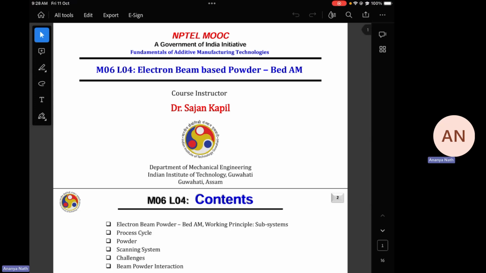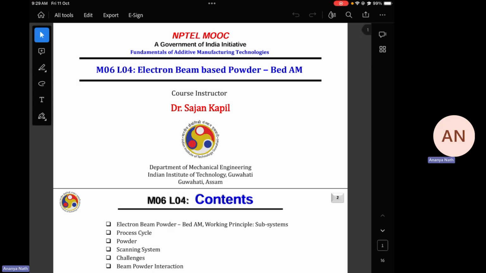This is one very big challenge. Establishing a vacuum inside a small chamber with a small electron beam is easy. But creating a vacuum in a very large chamber is hard, because now you want to increase the build volume. Build volume means the x and y direction length of the build plate, that is the build area, and then how much height is available, the z level.